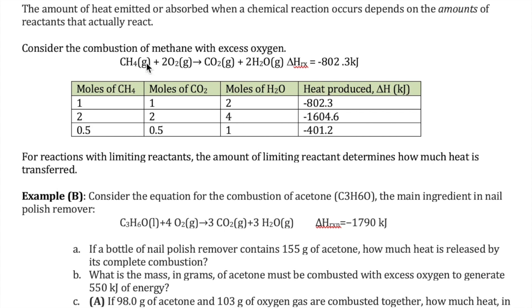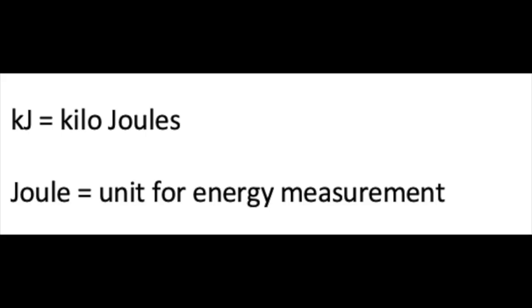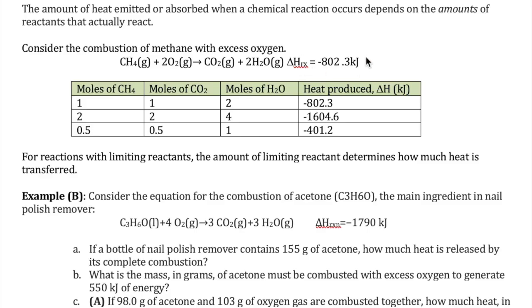Here's an example. This is a combustion reaction of methane with excess oxygen. Next to the reaction, we have the enthalpy change given as negative 802.3 kilojoules, kilojoules here being the units of energy. What this tells you is that the reaction releases 802.3 kilojoules of heat.